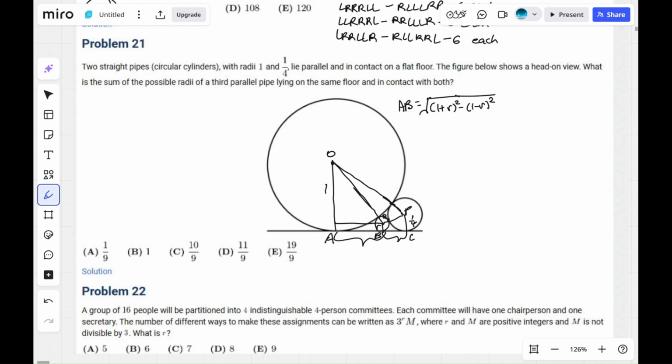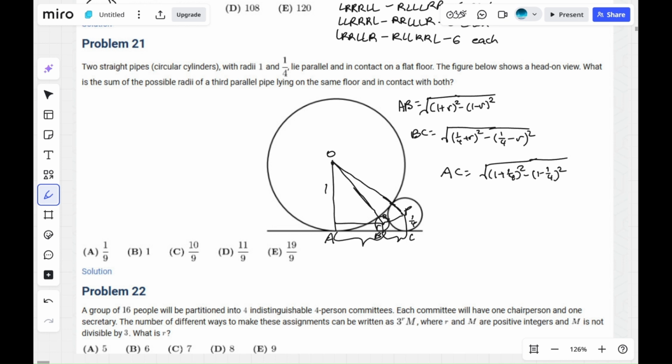And then BC similarly would be 1/4 plus r squared minus 1/4 minus r squared. And then AC would be the square root of 1 plus 1/4 squared minus 1 minus 1/4 squared.